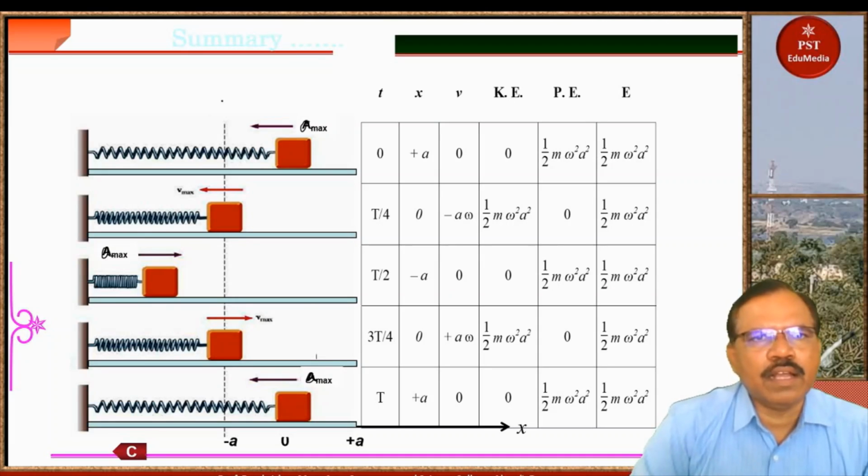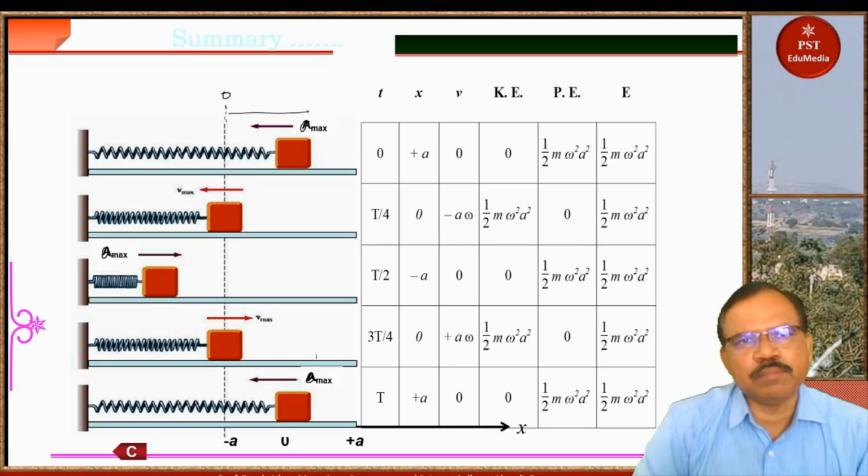So see here, this dotted line shows you equilibrium position, x is equal to 0. Here it is maximum displacement, that is amplitude a. So what happens here, at t is equal to 0, suppose it starts from x is equal to a.